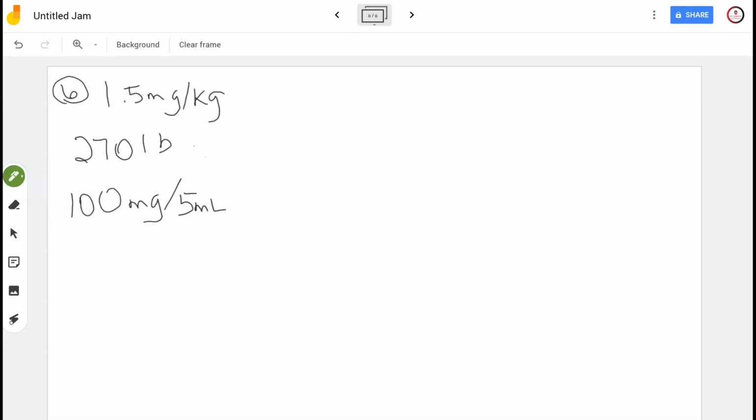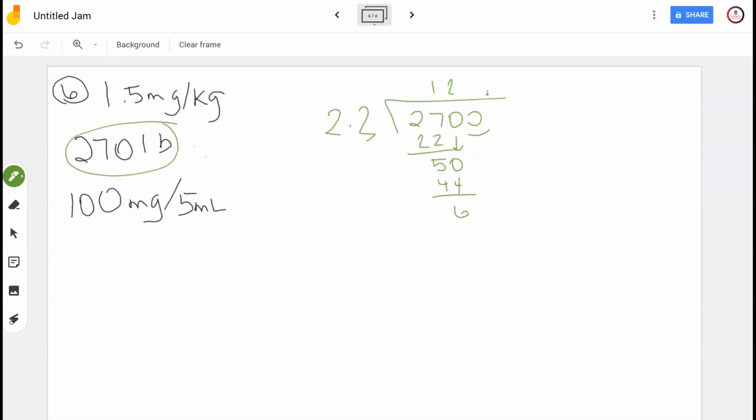So, first thing, we want to convert your 270 to kilograms. So if you divide by 2.2, move that decimal over. So 22 into 27 goes once. 22 into 50 goes twice. 22 into 60 also goes twice.